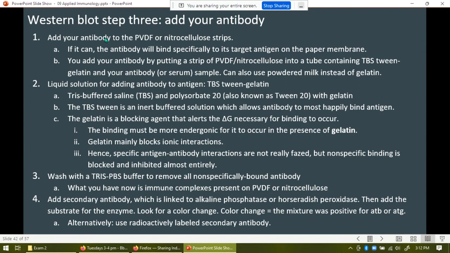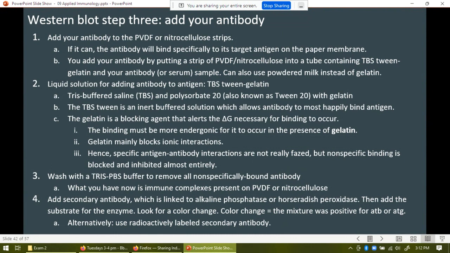Okay. So the whole point of what you're doing in step 3 is adding the antibody. So you're adding it to your PVDF or your nitrocellulose. If it can, the antibody will bind to its target antigen on the paper. You incubate the antibody or the serum sample with the PVDF or nitrocellulose in a tube containing TBS tween gelatin, and then you just shake it on a lightweight, slowly shaking shaker.